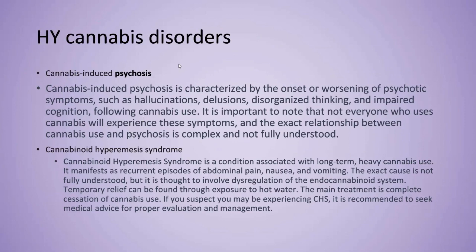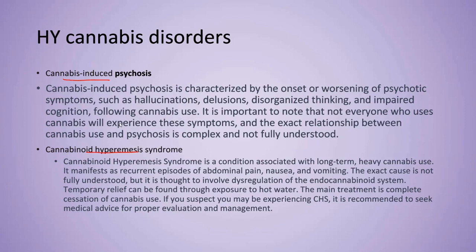So these two are very high yield cannabis disorders: cannabis-induced psychosis and cannabinoid hyperemesis syndrome. Cannabis-induced psychosis is characterized by the onset or worsening of psychotic symptoms such as hallucinations, delusions, disorganized thinking, and impaired cognition following cannabis use.